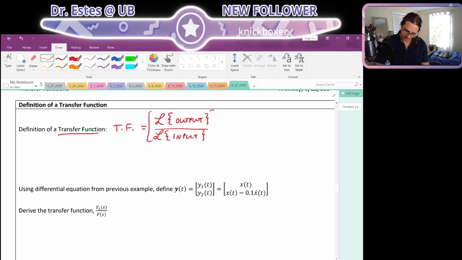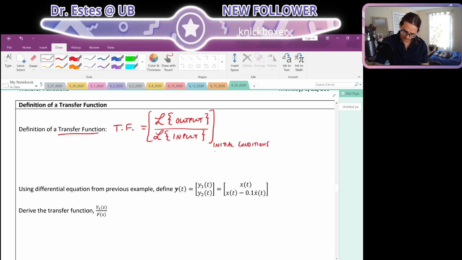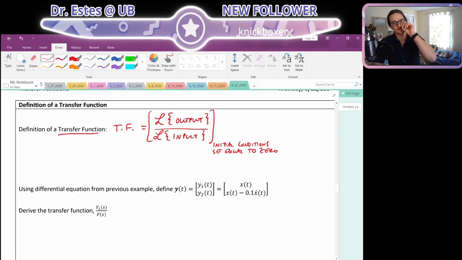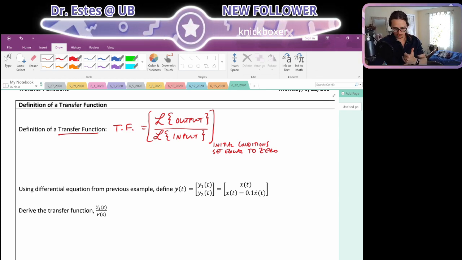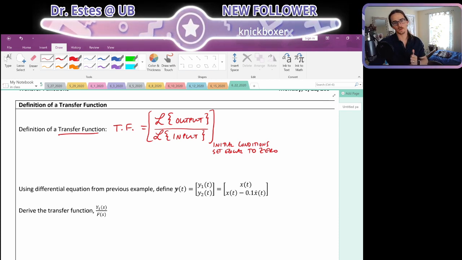And you take this whole thing and you evaluate it with initial conditions set equal to 0. That's what a transfer function is: the Laplace transform of your output divided by the Laplace transform of your input, evaluated with the initial conditions set equal to 0.